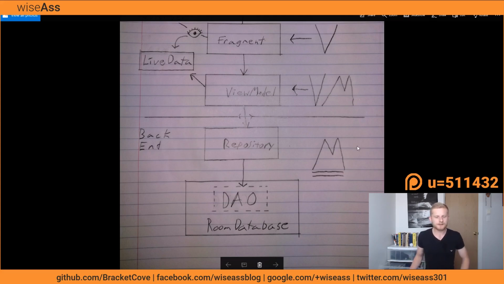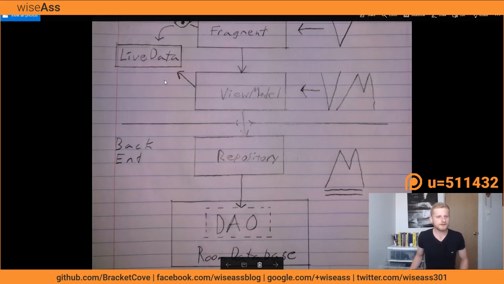Now you might be wondering how we set this up, and I do have to admit, when I was drawing this diagram here, if I were to be a little more accurate, the line going to LiveData would travel all the way down into the data access object.